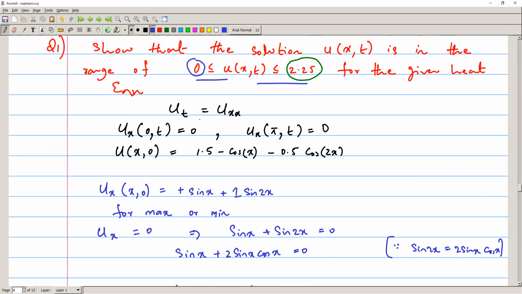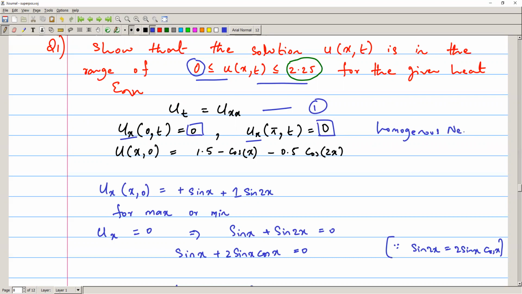The question is given, a heat equation is given. We can call it equation number one, and then the boundary conditions are given. In fact, these are homogeneous Neumann boundary conditions. We can see that these are derivative boundary conditions, so these are Neumann conditions, and they equal 0 at the boundaries, so these are homogeneous Neumann boundary conditions, right?